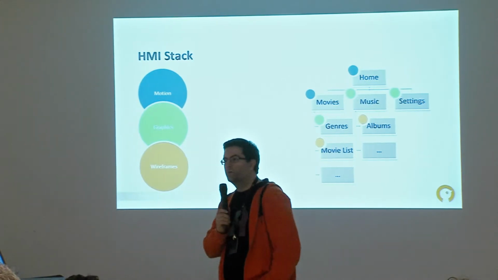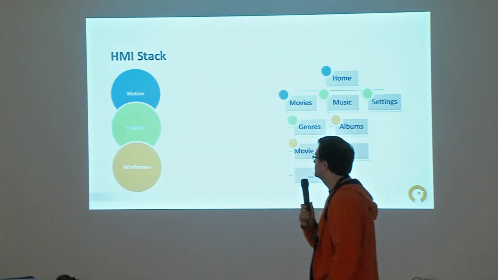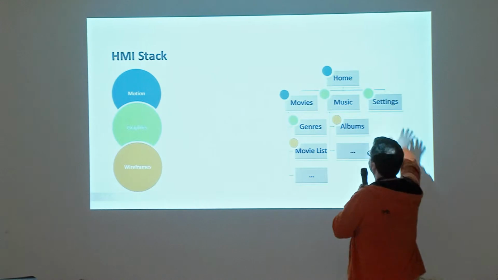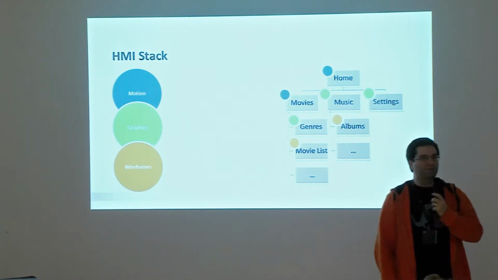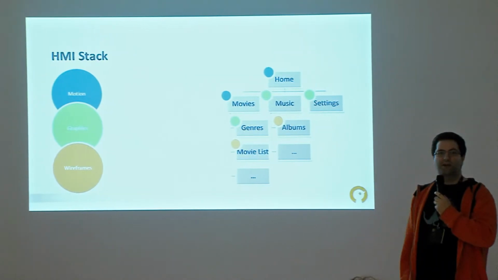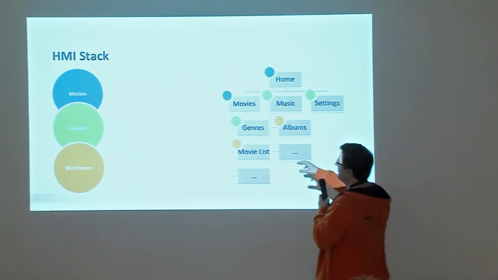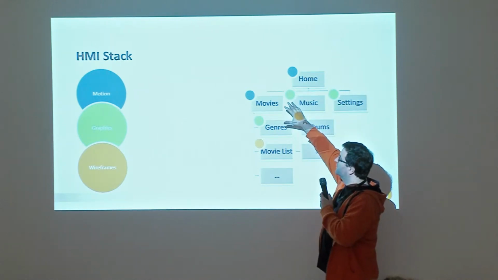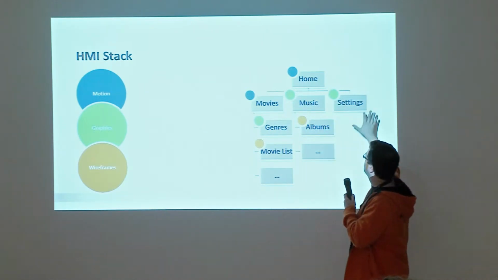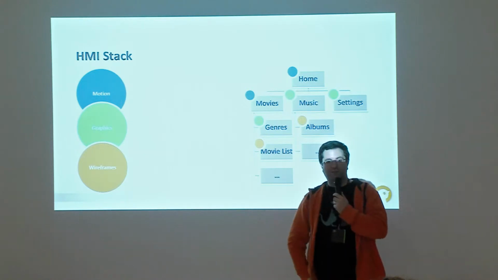So usually when we work around this, we set out the structure as a tree here. So we basically lay out the parts of the UI that we know, and we refine this tree as we go down the branches. So we might have a situation where we know this top level, and we start working with movies and music, while in settings we don't know that much.